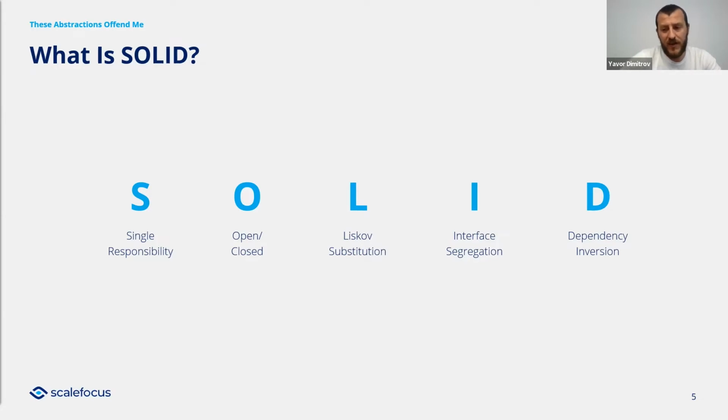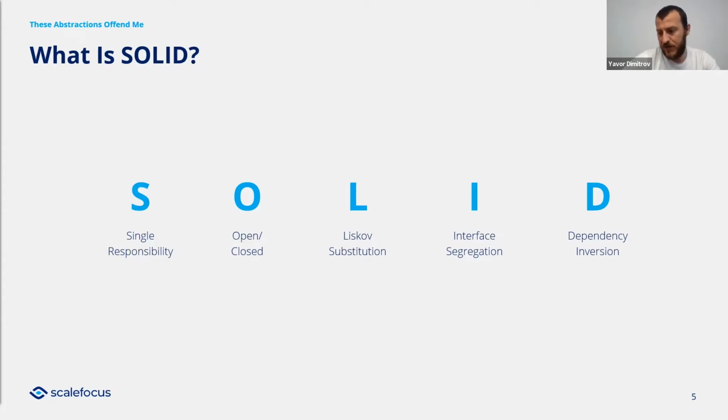So let's start by describing each one of them. Single responsibility is a principle that states that your object should have only one responsibility and one responsibility only. So basically, don't send emails from your database driver.